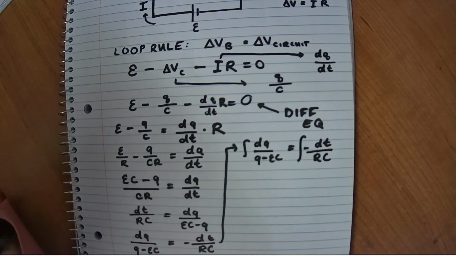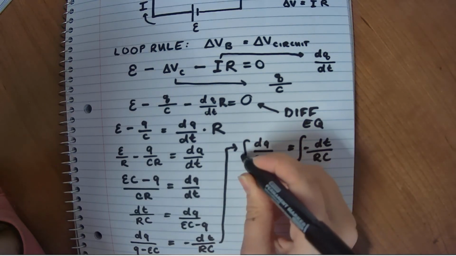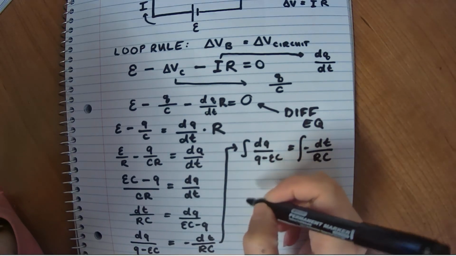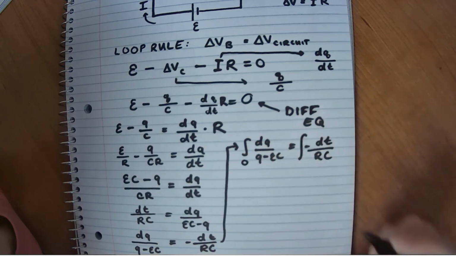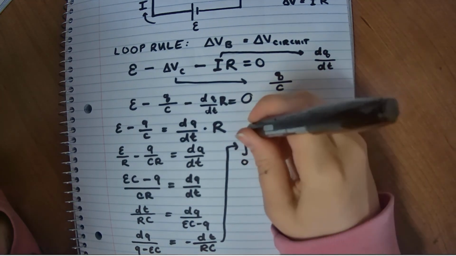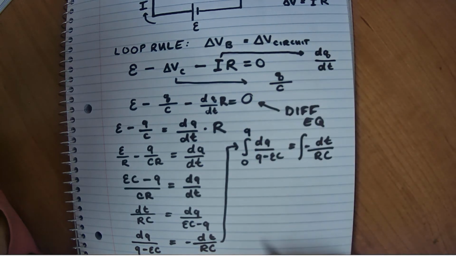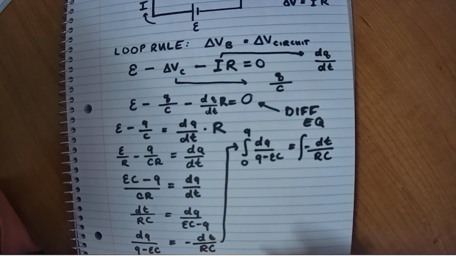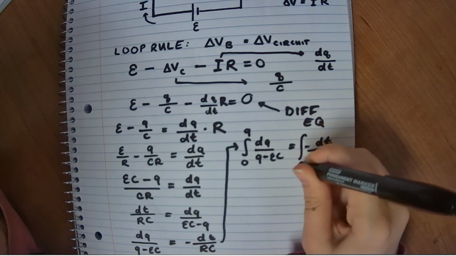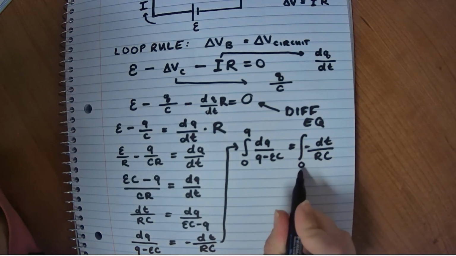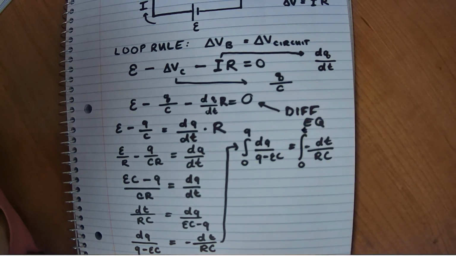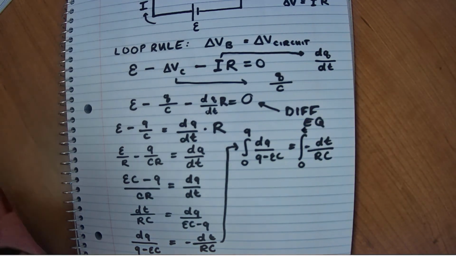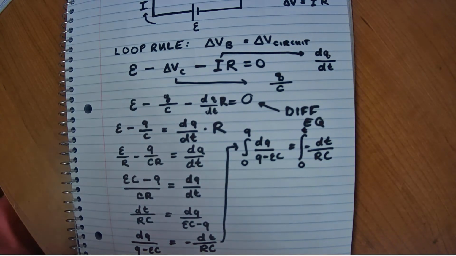We want the integral to be going from where q is equal to 0 to q is equal to Q, because it's just some arbitrary number right now. And the same thing on this side, we want it going from where t is equal to 0 to t is equal to t. I apologize for my marker, it might be a little hard to read.